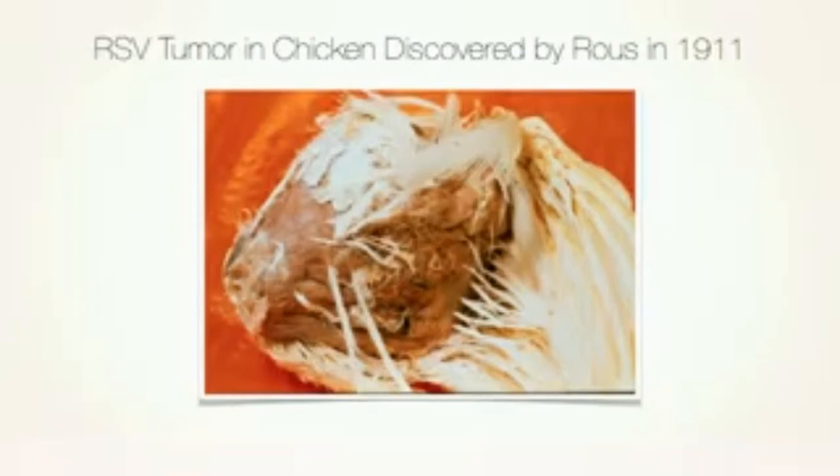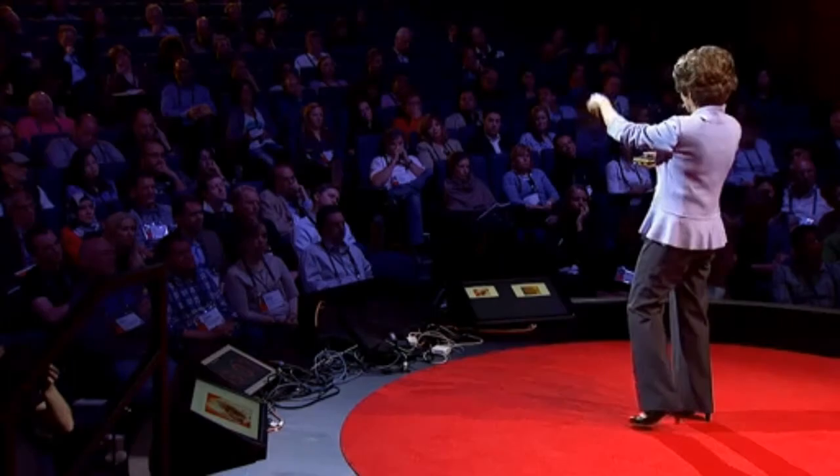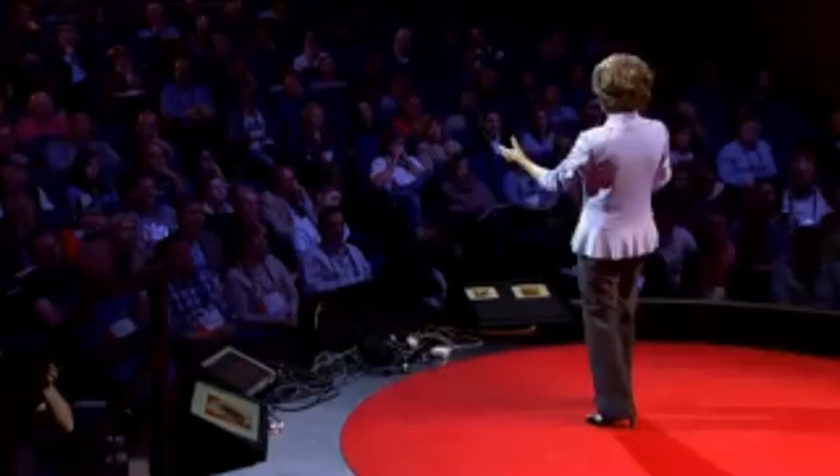Rous discovered this in 1911. It was the first cancer virus discovered, and I call it an oncogene, meaning cancer gene. So he made a filtrate. He took this filter, which was the liquid after he passed the tumor through a filter, and he injected it into another chicken, and he got another tumor.